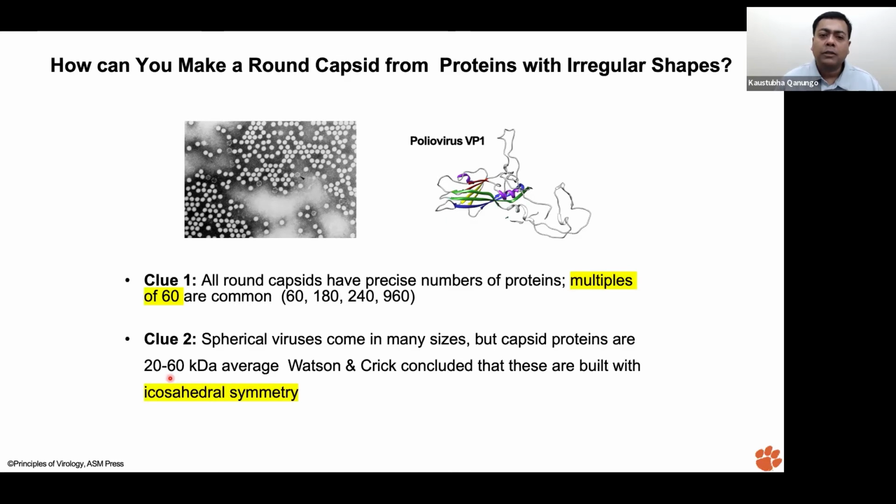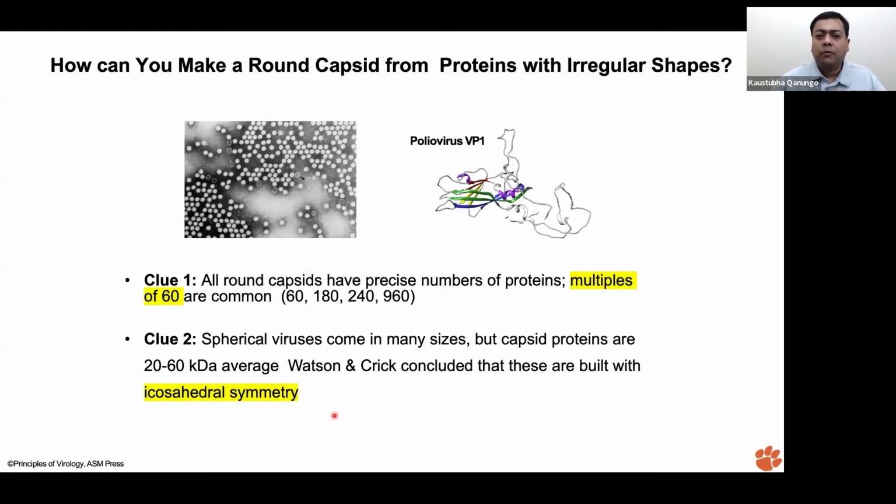So we understand how the smaller ones are built: just one protein can build those. But for larger and larger viruses, the only way you can build this structure is by icosahedral symmetry. And these are some of the ideas that were put forward initially.